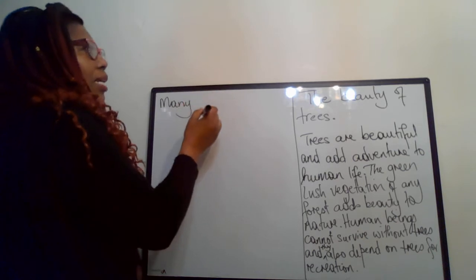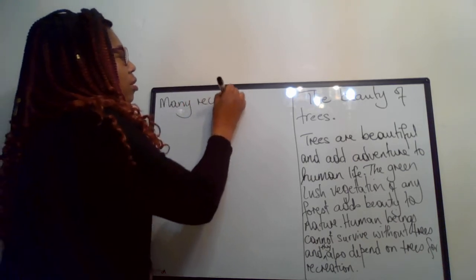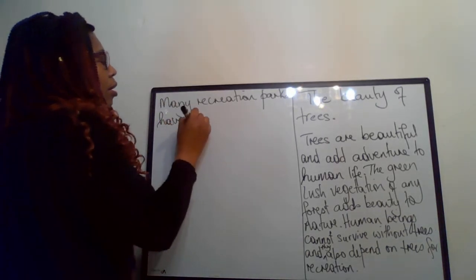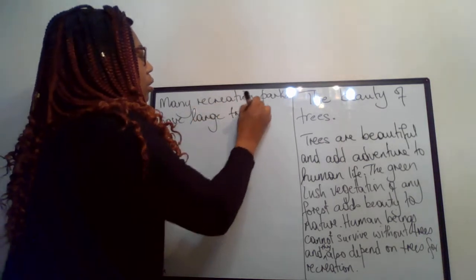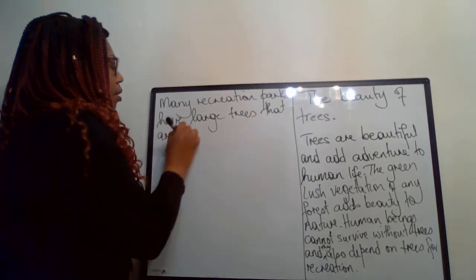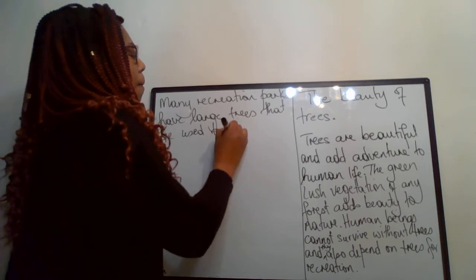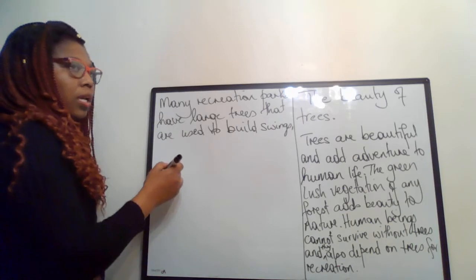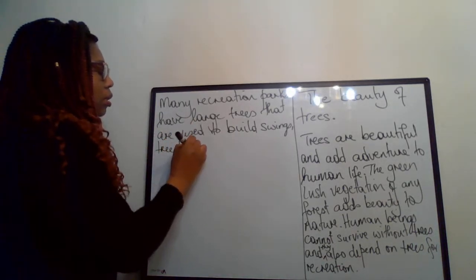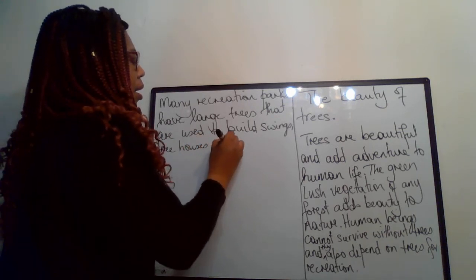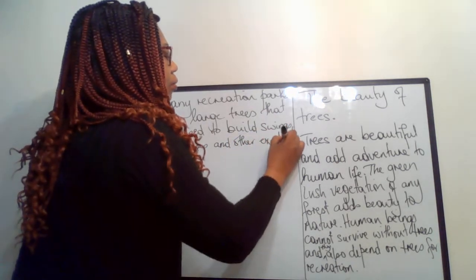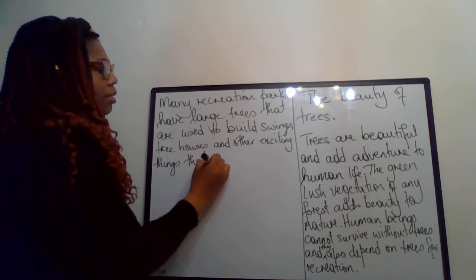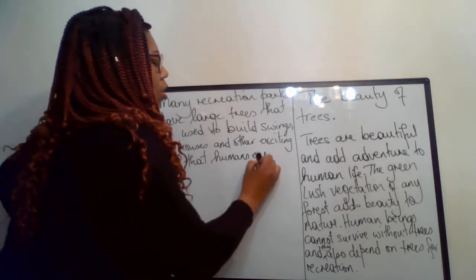And we're continuing. Many recreation parks have large trees that are used to build or make swings, tree houses, and other exciting things that humans enjoy.